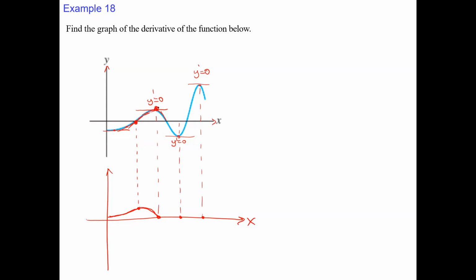Now, between that point and this one, first of all, the function is decreasing. Slope is negative. Quite steep, right? And it's again steeper here with the negative values. And then it's getting less steep and approaching 0. And the same thing, it's getting steeper and steeper.